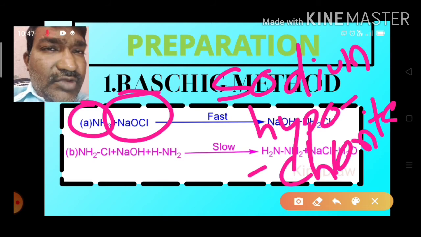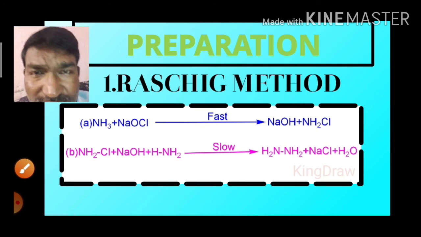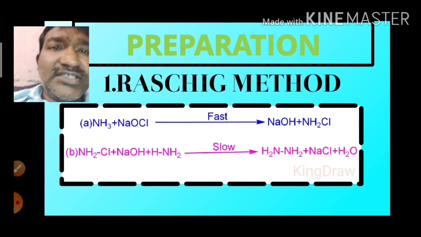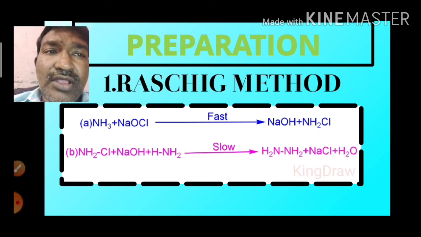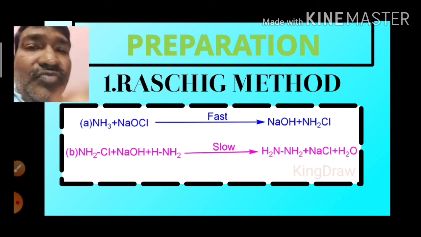Here the reaction between ammonia and sodium hypochlorite takes place in two steps. In the first step, ammonia reacts with sodium hypochlorite and we get NaOH and NH2Cl.